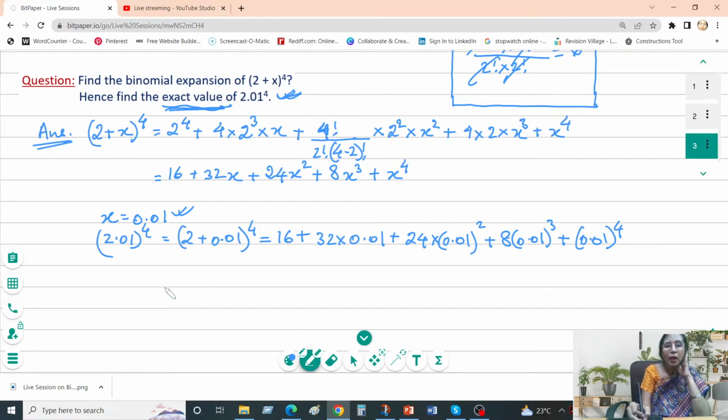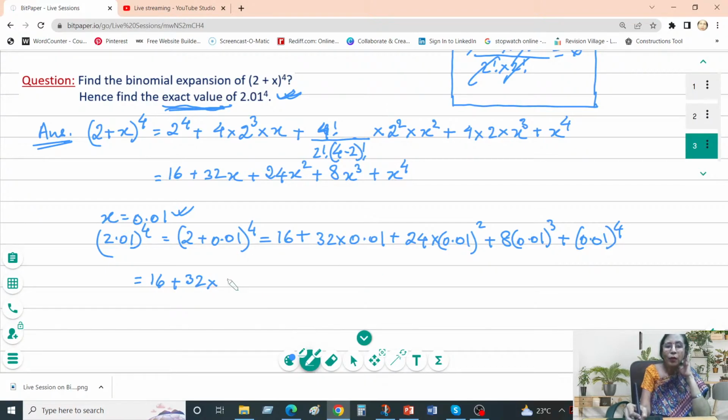So now we have to just do the calculation, the simplification. So 16 plus, let me express these in fraction forms.